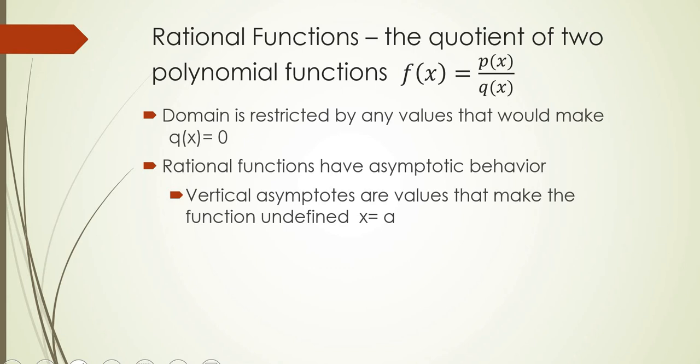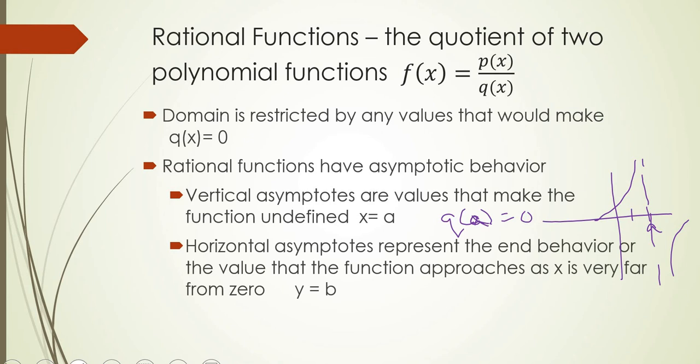In other words, they make q of x 0. So any value a that would make the denominator 0 would create a vertical asymptote. So let's say that this is a value a, and it would make q of a 0. If q of a is 0, I get a vertical asymptote. So the graphs are going to look things like this.